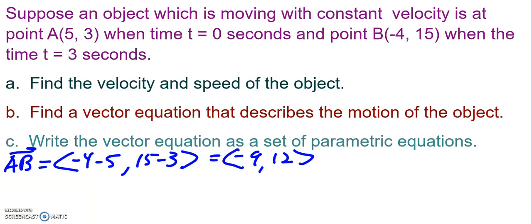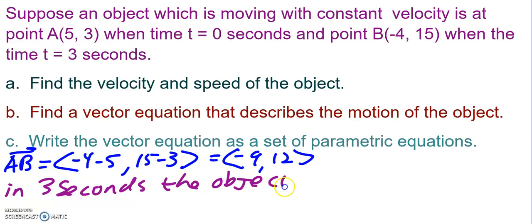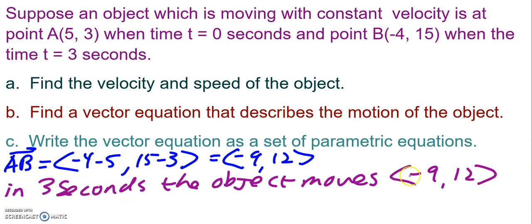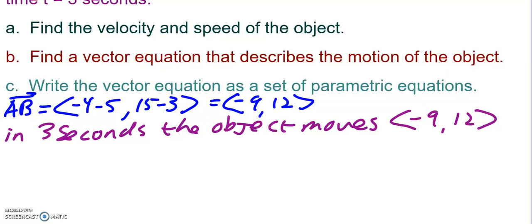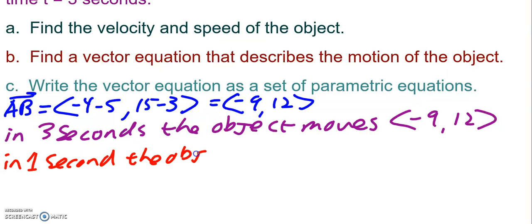So what do we do for that? Well, let's make sure we understand what's happening. In 3 seconds, the object moves this much, negative 9, 12. So it's going left 9 and up 12 within 3 seconds. So what's it doing in 1 second? Well, in 1 second, the object moves 1/3 of that.